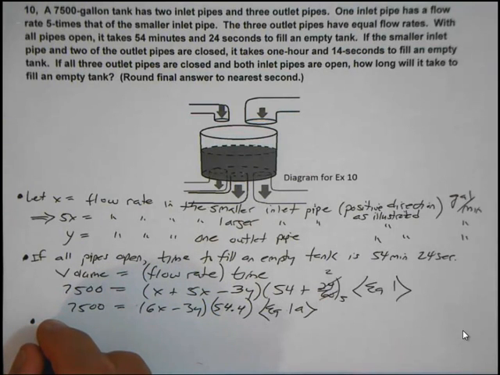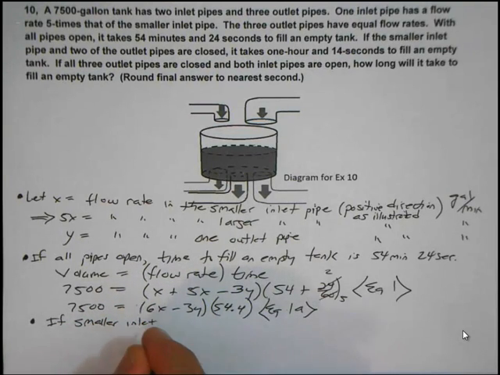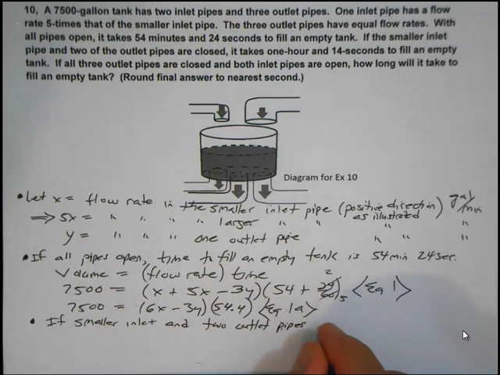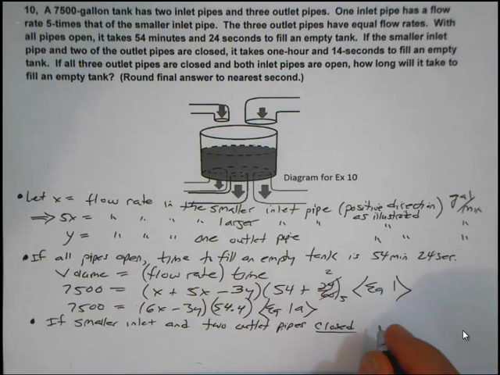Okay, so here we are. Let's describe what we're going to do here. We're working with the idea that if the smaller inlet and 2 outlets are closed, emphasize closed, the time to fill will equal 1 hour and 14 seconds.